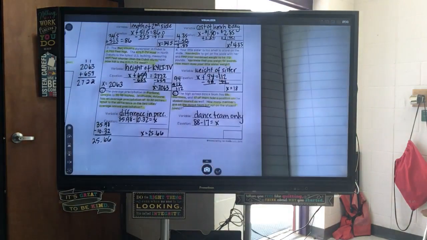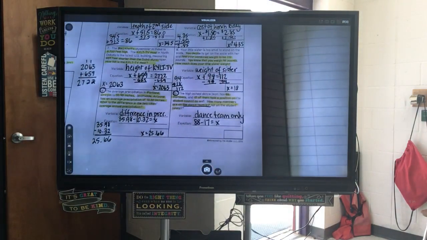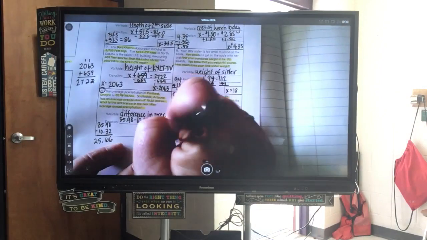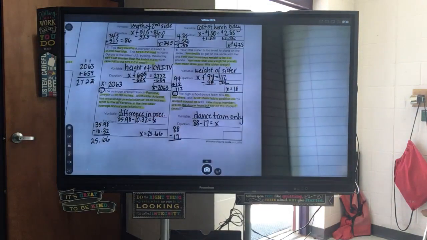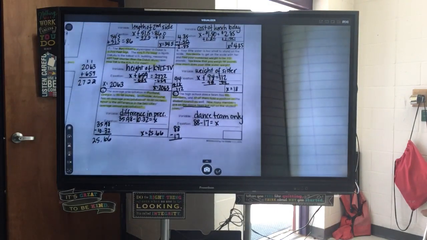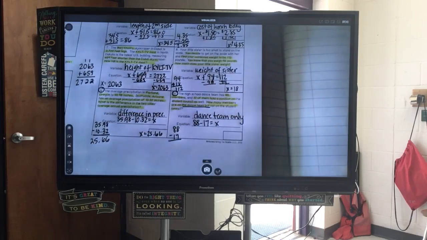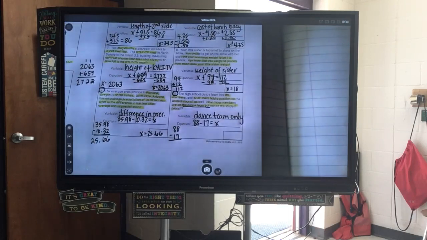All right, and then how do we figure out what x equals? Thumbs up when you figure out what x equals. Wyatt, what'd you come up with? What's your answer when you do 88 minus 17?